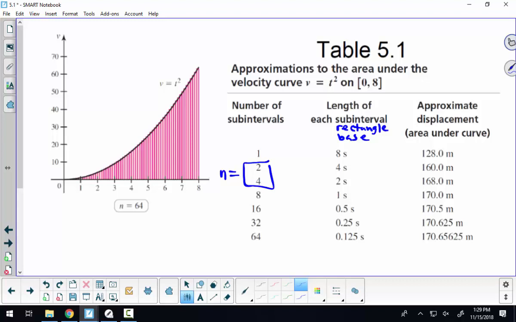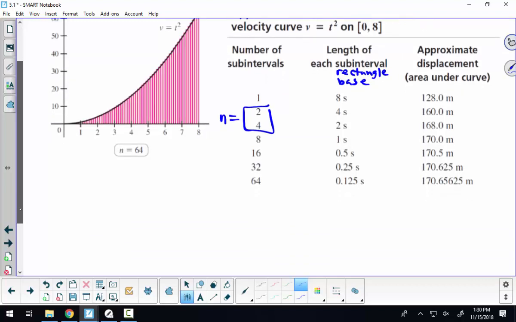And this is a figure with 64 rectangles. So now what we see is that how much we're over approximating by each rectangle is decreasing, right? It's getting smaller and smaller. The error is getting smaller and smaller.